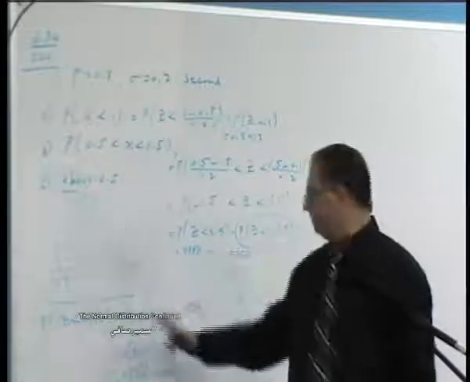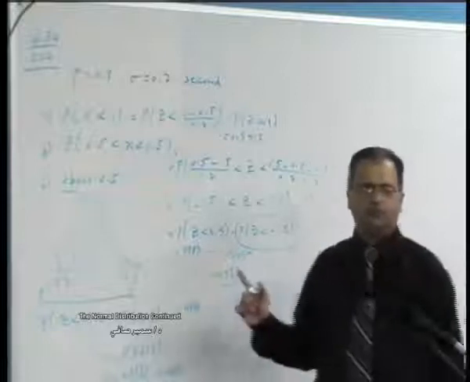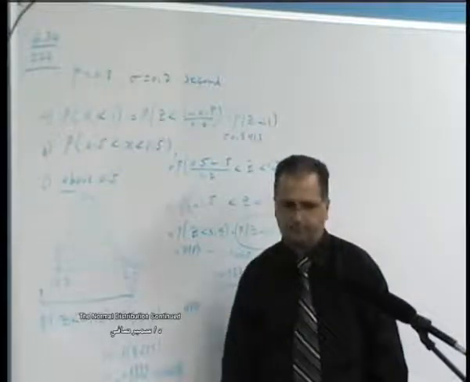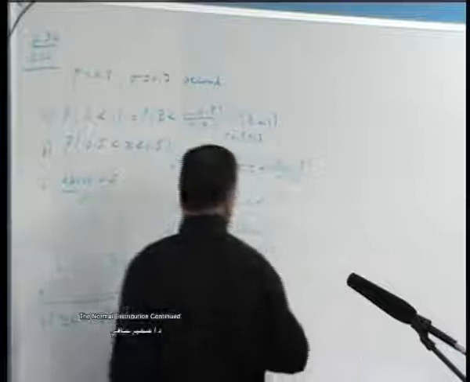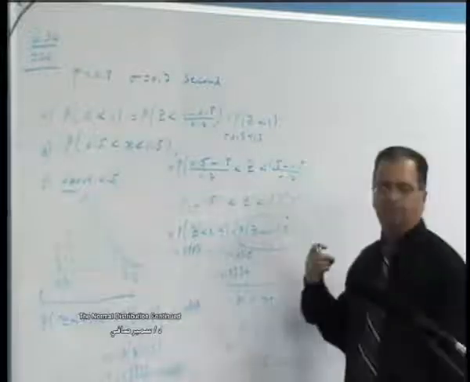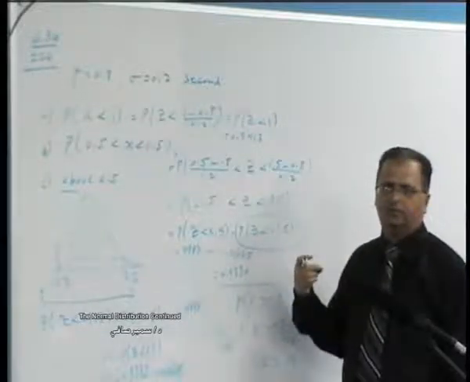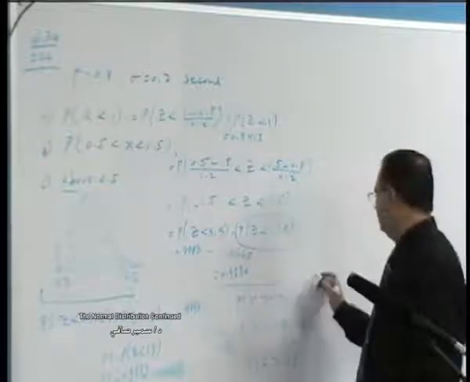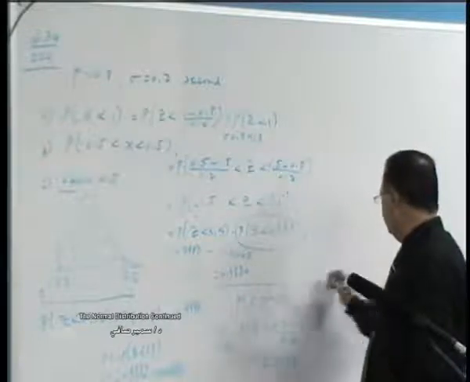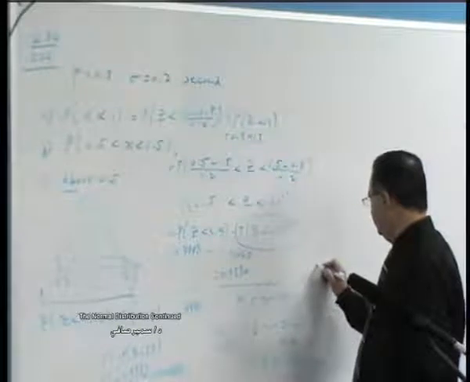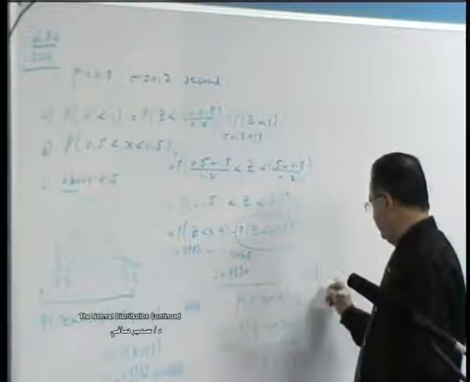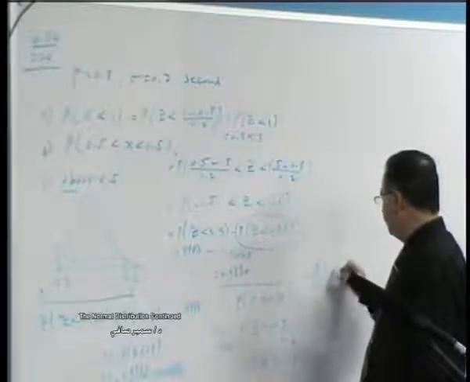Now P of Z greater than minus 1.5 means we are looking for the area above minus 1.5. So this area.